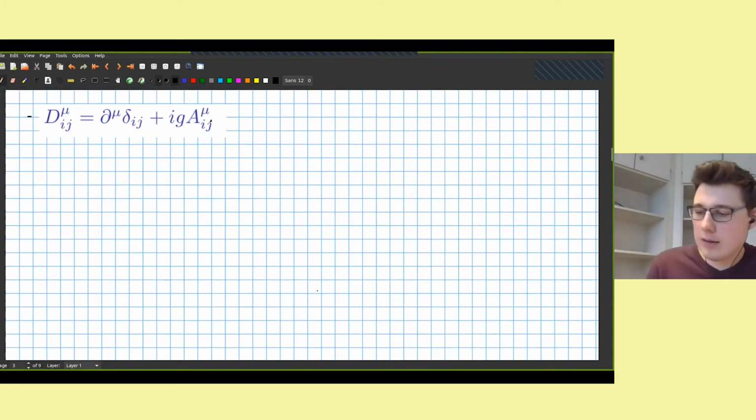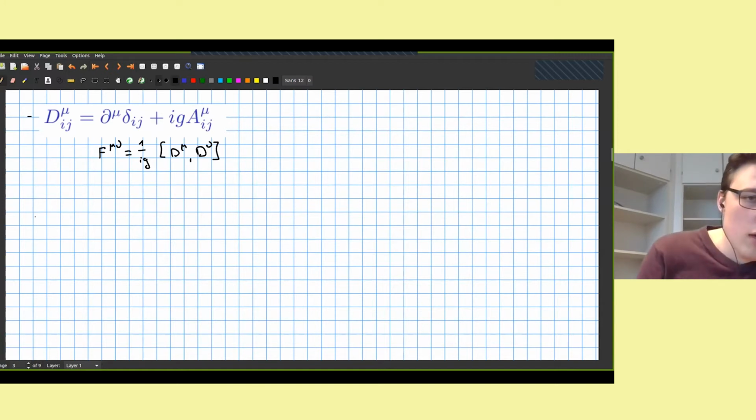In this exercise, we want to show this relation. So I haven't given it here, so let's write it down. F_μν is 1 over ig times the commutator of D_μ and D_ν. For this, we again need the explicit form of the covariant derivative.